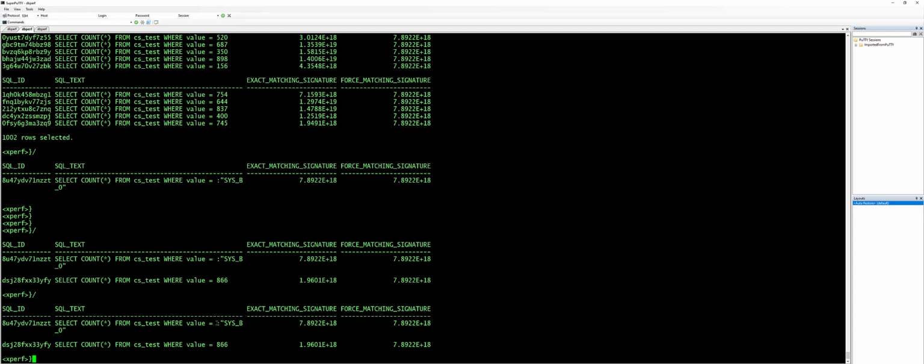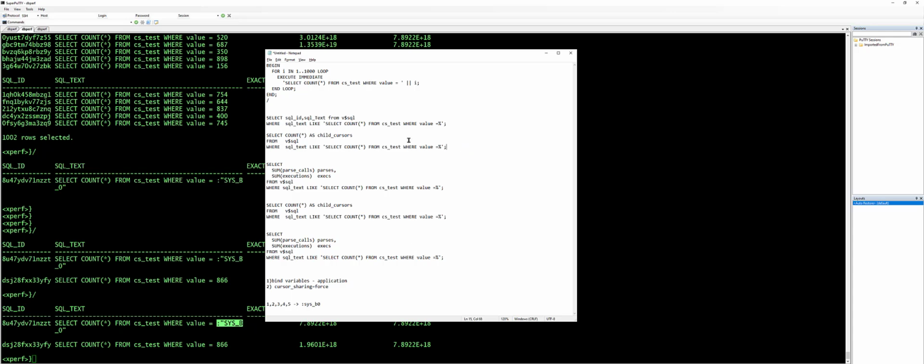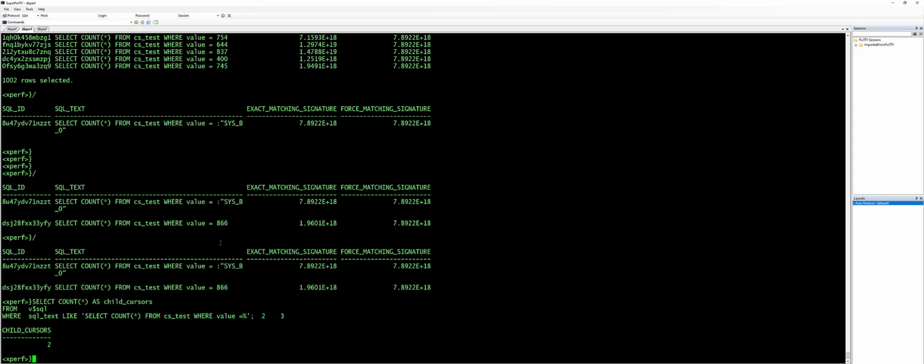This is how, when the application uses bind variables, Oracle shares the SQL. But if the application cannot share the SQL, then we can take it from the DBA side. Okay, so if you see, child cursors are only 2.